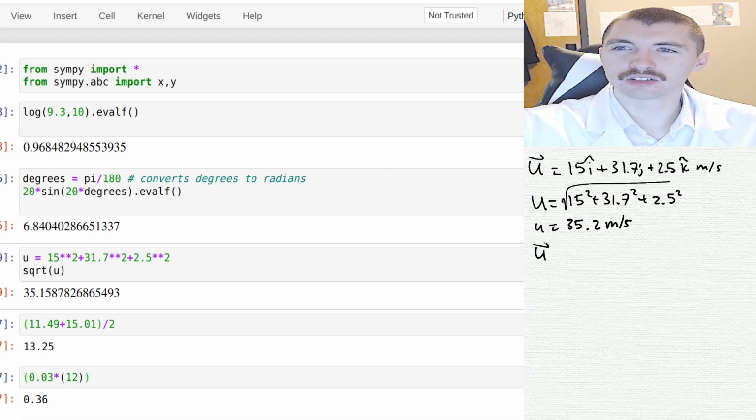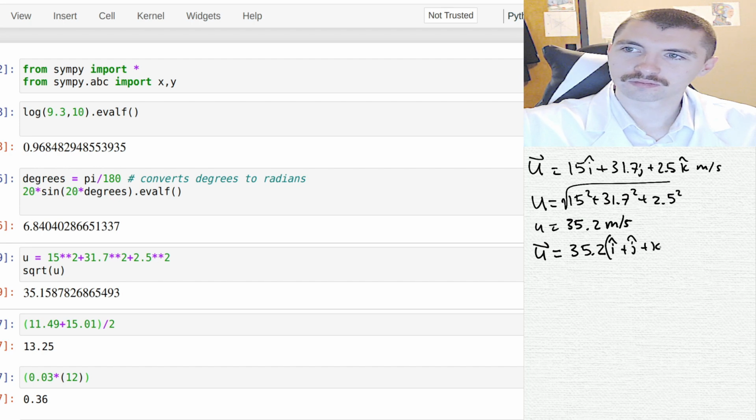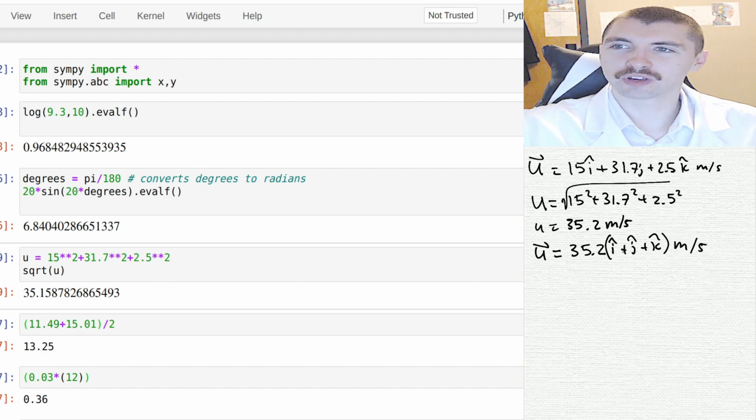So in a way, this is saying the u vector is 35.2 in the... so it's saying it's going this fast in this direction.